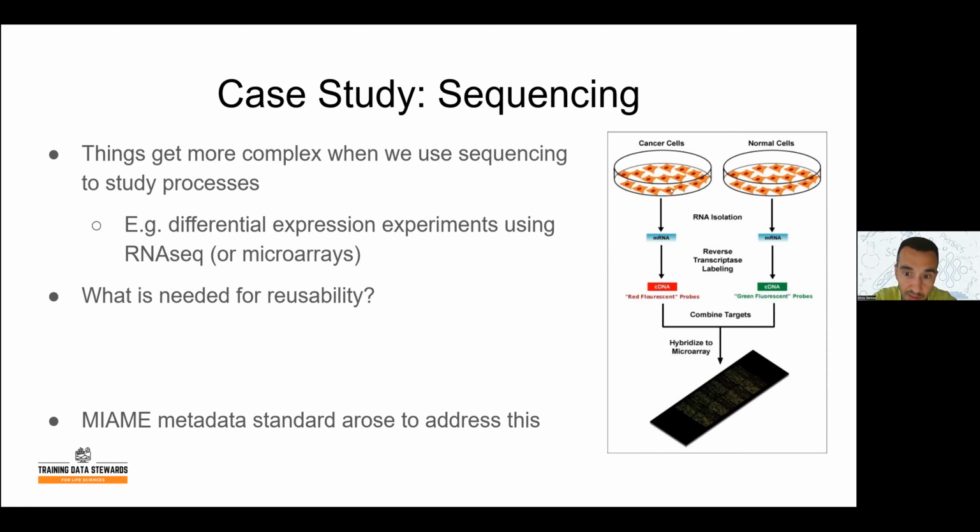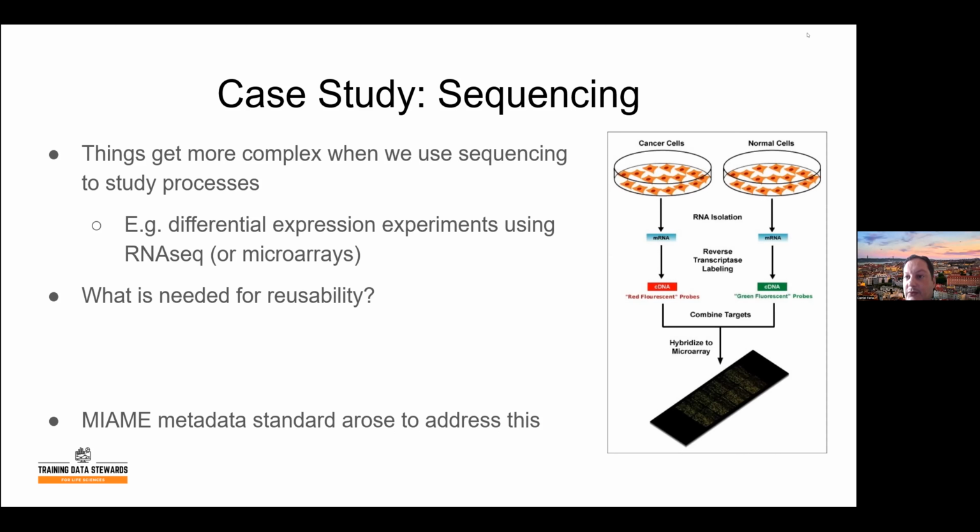In this case, I think it's fluorescence, but it depends if it's red fluorescence or green fluorescence. Yeah, all relevant things. Also, who generated the data? What cancer the cells come from? How were the cells collected? How were they cultured? What was the process of isolating RNA?